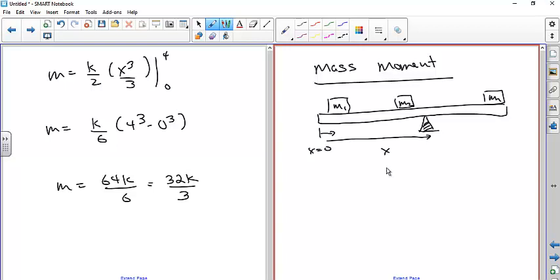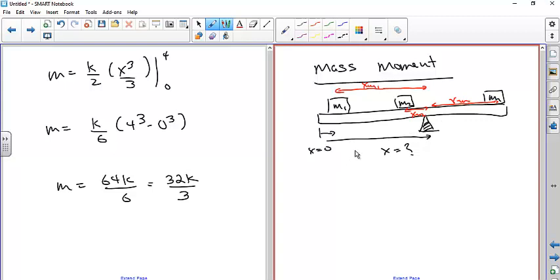So what is the distance there so that this thing balances? So the way you do that is you've got this distance here, which we'll call x m1, and then the distance from here to here is x m2, and the distance from here to there is x m3. So those are the distances from this fulcrum point.